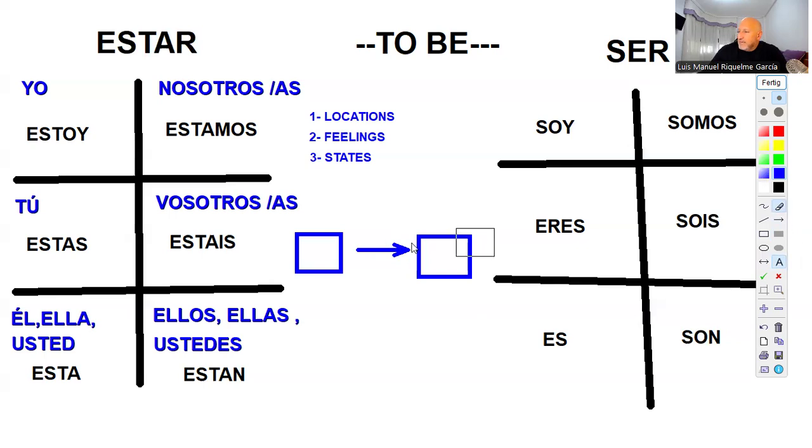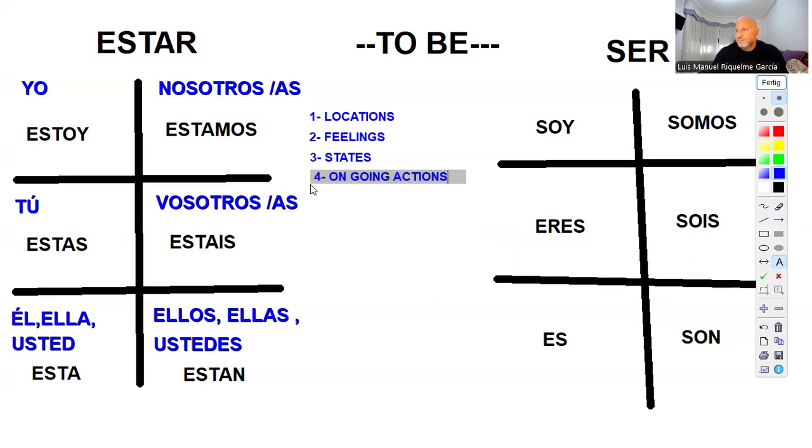Vale. And finally, we have one more use. That is when we talk about ongoing actions. What are ongoing actions?